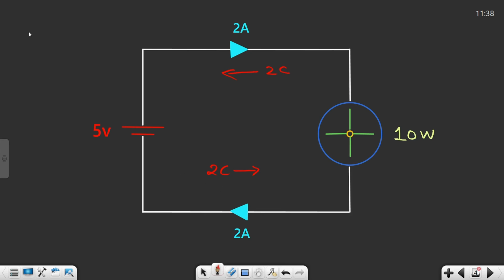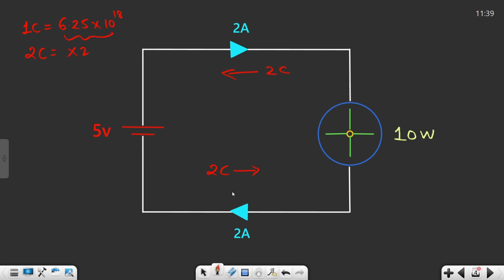We all know 1 coulomb is nothing but roughly 6.25 times 10 raised to 18 electrons. You just need to multiply it with 2, so you will get 2 coulomb of charge.